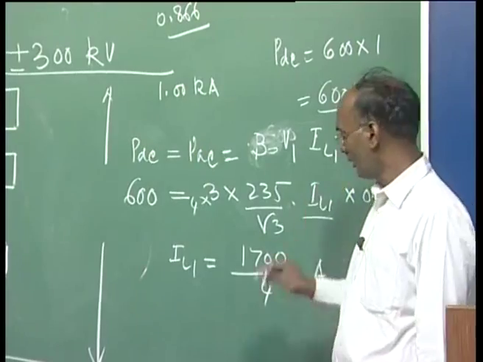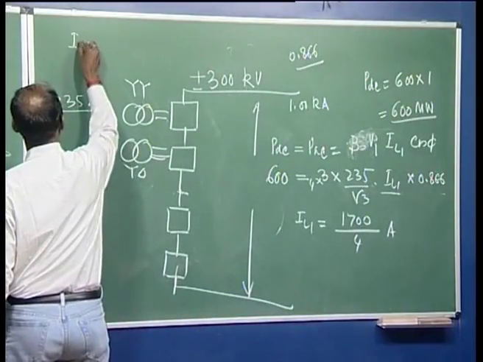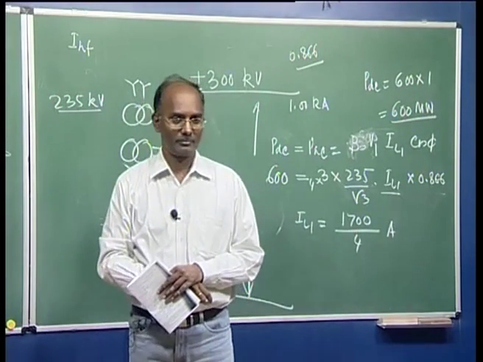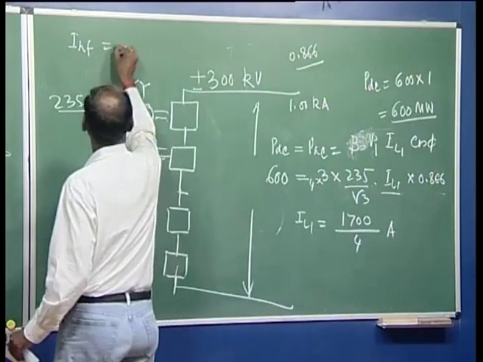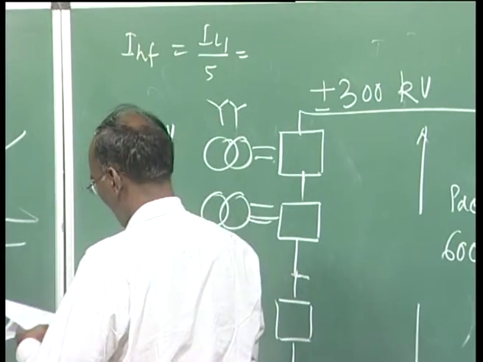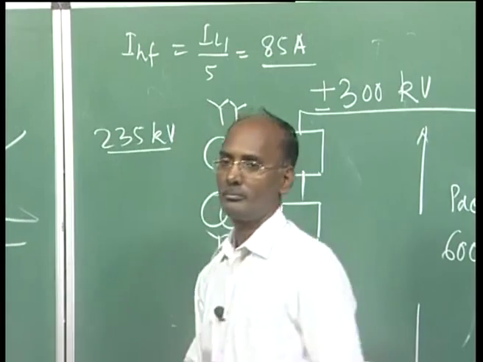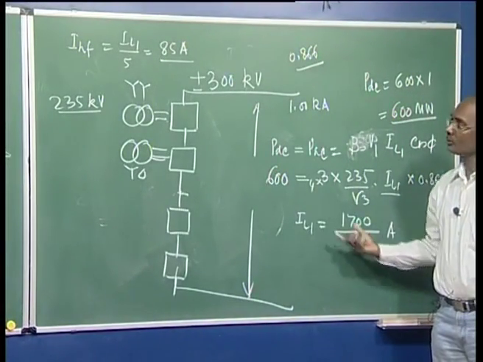Now, I want to calculate what will be your IHF, it is asked for your fifth harmonic. So, H is 5. It is your IL1 divided by 5, and the total value comes to be 85 ampere, because this is divided again by 5. So, that will be 85.